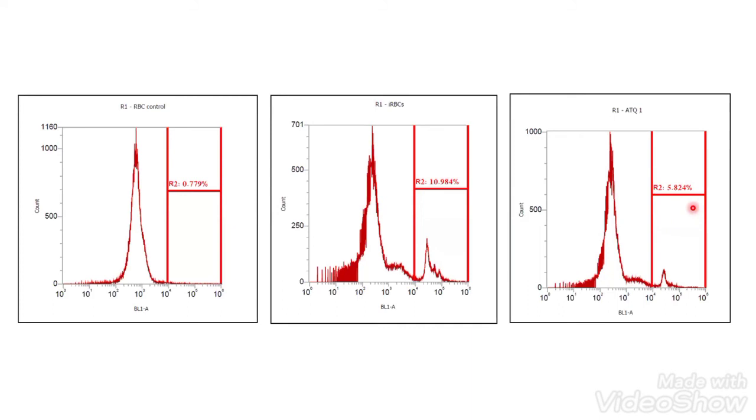So depending upon how much starting material you are having and how much cost friendly experimentation you want, you can utilize any cell sorting method, either MACS, magnetic cell sorting, or FACS, flow cytometry based cell sorting. And I can say that we have done very sensitive experiments where we have isolated the regulatory T cells.